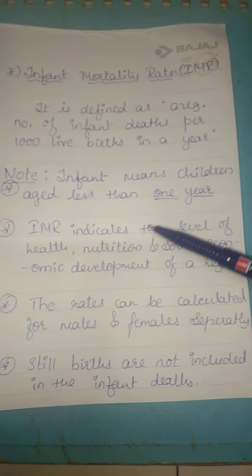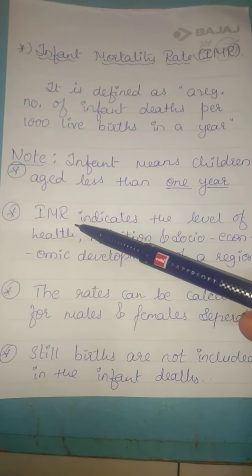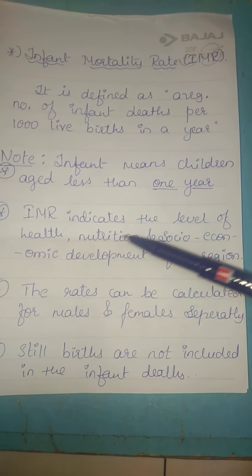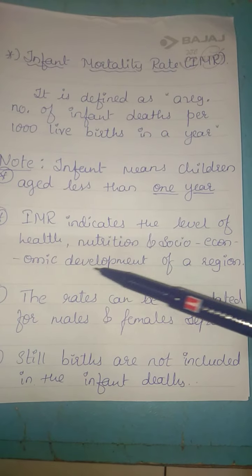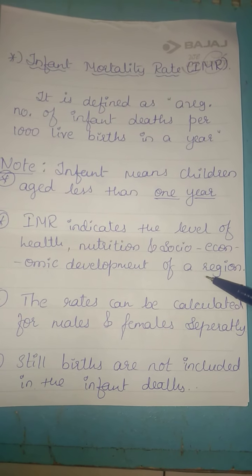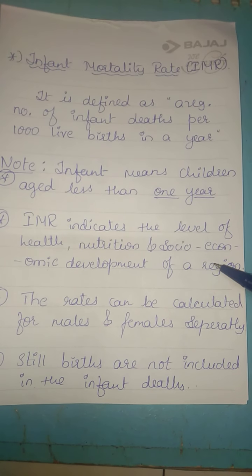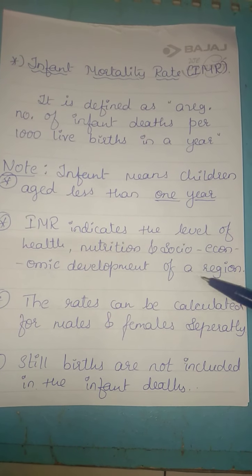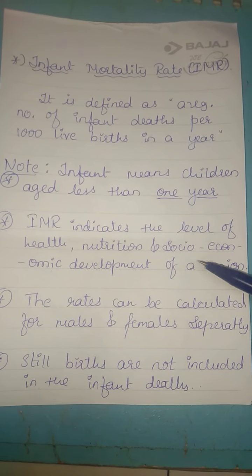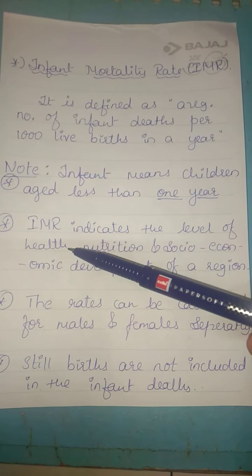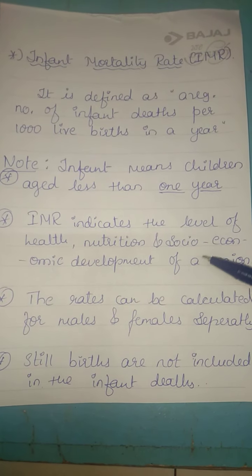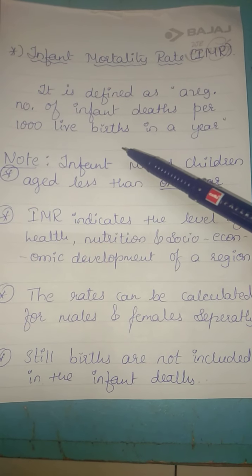Infant mortality rate indicates the level of health, nutrition and socio-economic development of a region. We can find out how the region is, its socio-economic condition, and nutrition and health condition, with the help of this result.